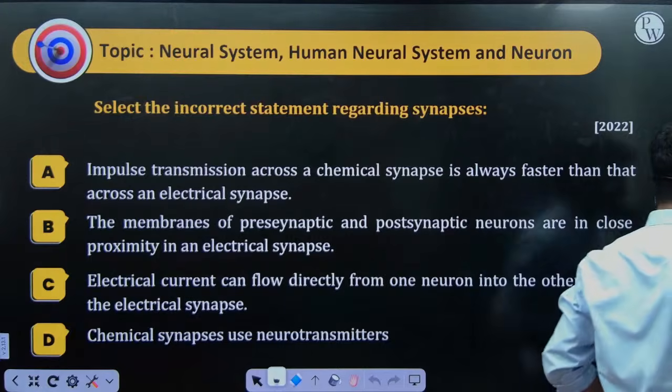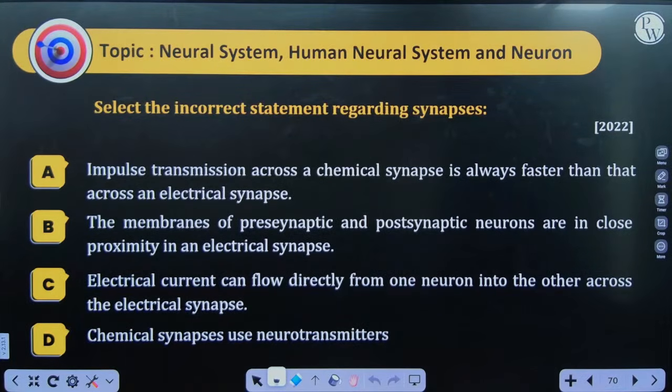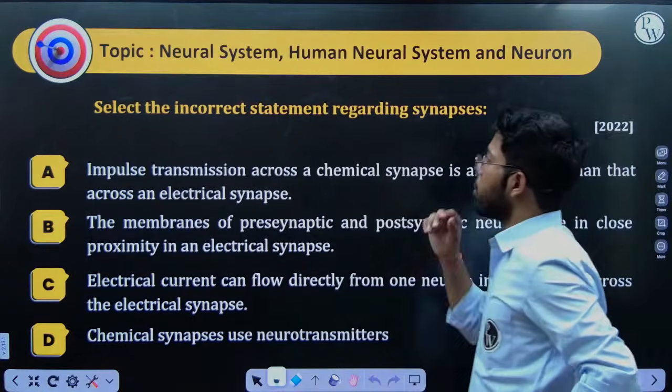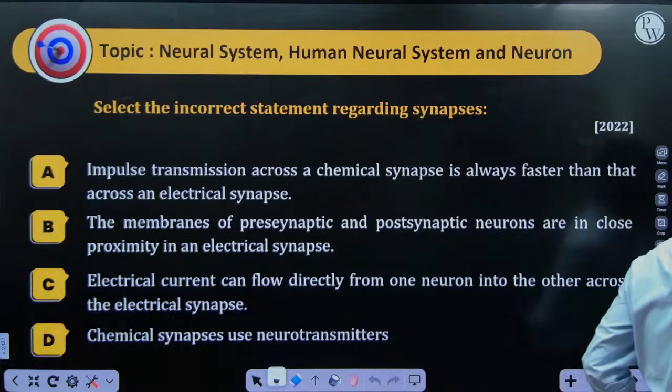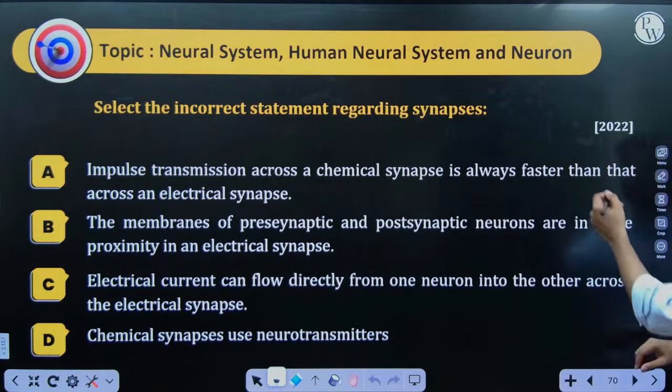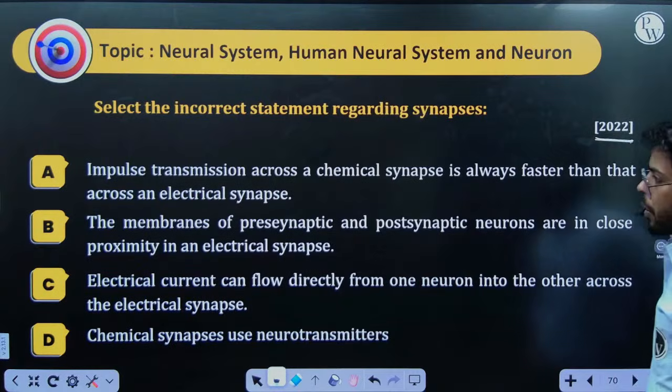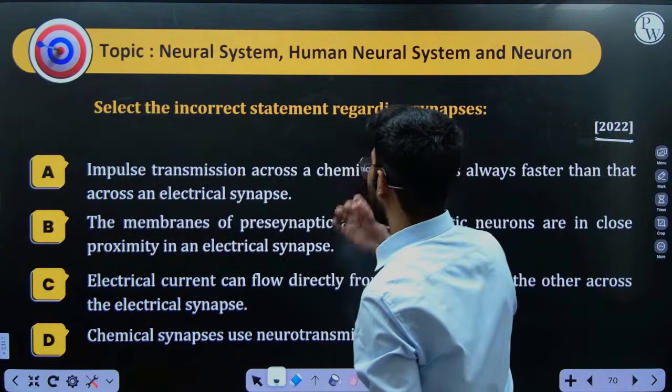Select the incorrect statement regarding synapse. This is a NEET question from 2022.